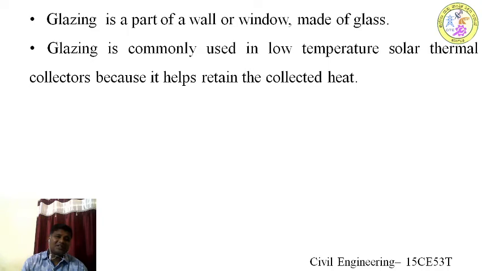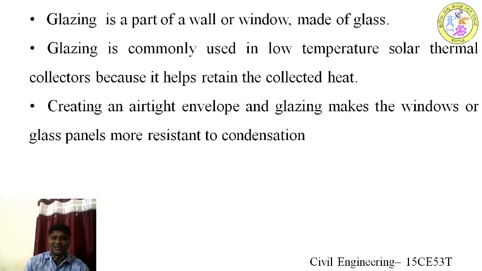The main advantage of using this glazing is it can be used in low temperature areas or snowfall areas, where the higher temperature inside the building has to be preserved. This type of glazing doesn't allow any air or heat to transfer from the building, so it helps in retaining the heat.